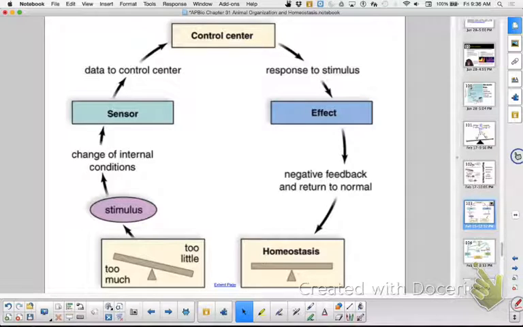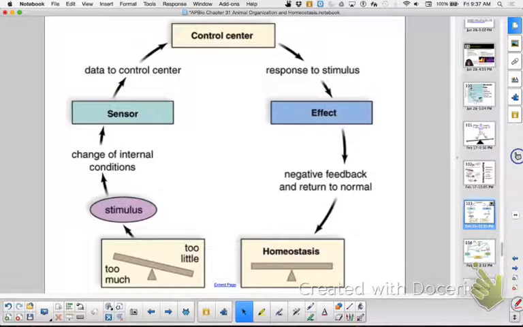So this would usually be what, our control center, do you think? Brain, yeah. Not only your brain, but your brain stem that's below it, like your pons. Your cerebellum will have effects in that area. So it's your central nervous system. Now, negative feedback, it says more gets you what? Less. Okay. So it involves a response in which a variable is kept close to a particular set point.